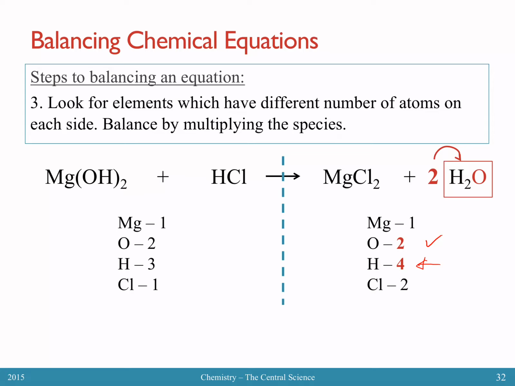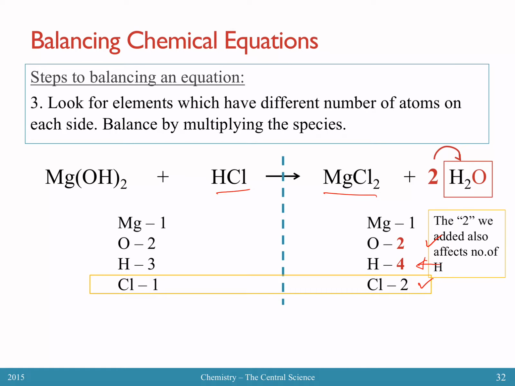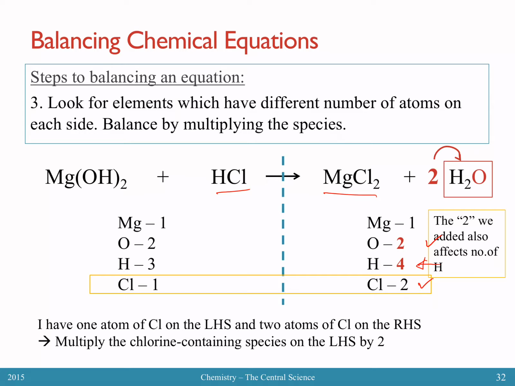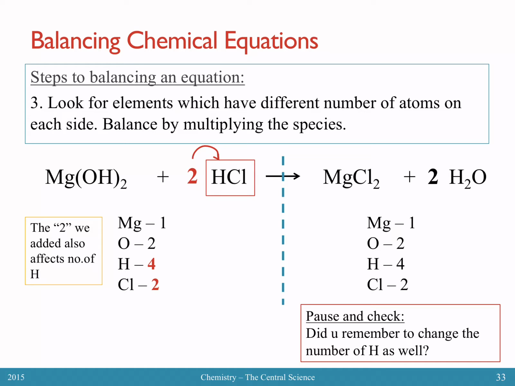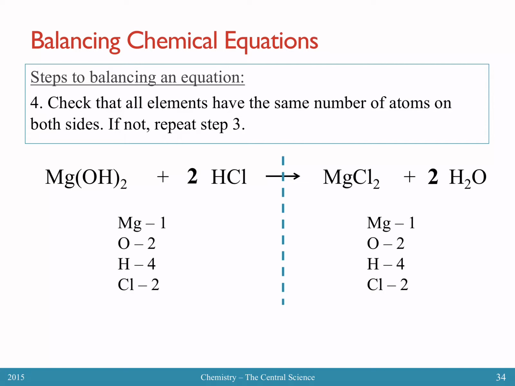But we ignore it first and we go for the chlorine, because it is easier to balance chlorine since it only appears once on each side. So multiply the chlorine containing species on the left hand side by 2. Again, the number of hydrogen will be affected. So pause and check. Do you remember to change the number of hydrogens as well?